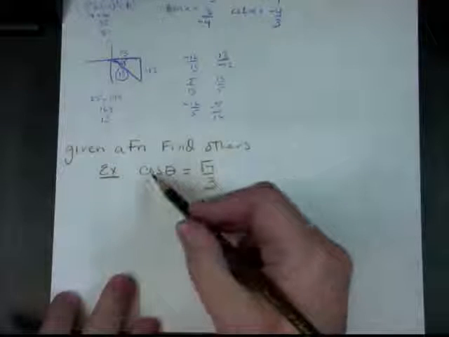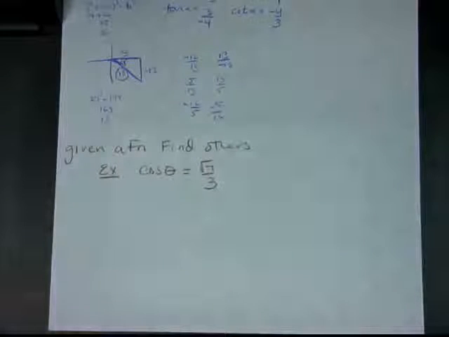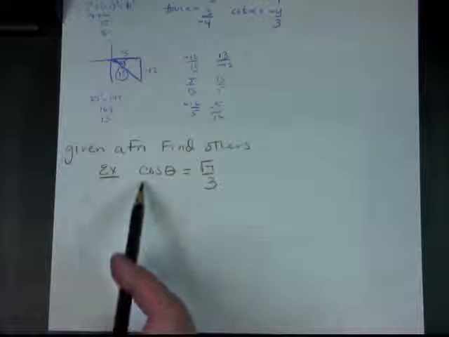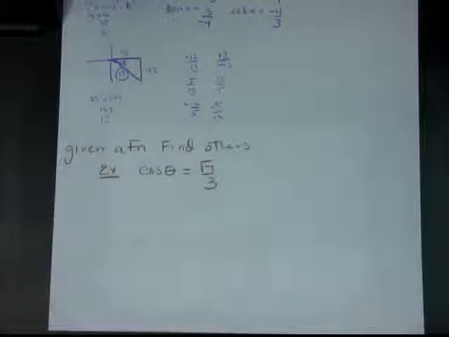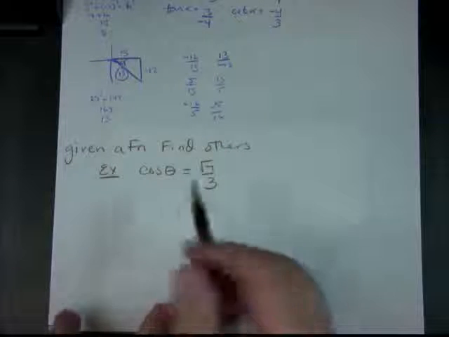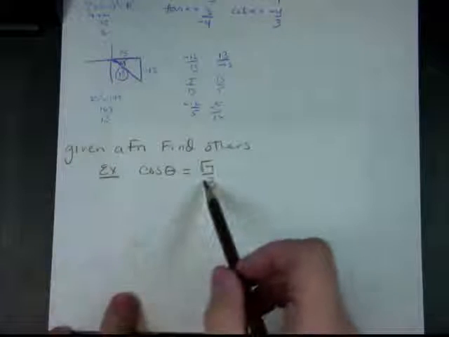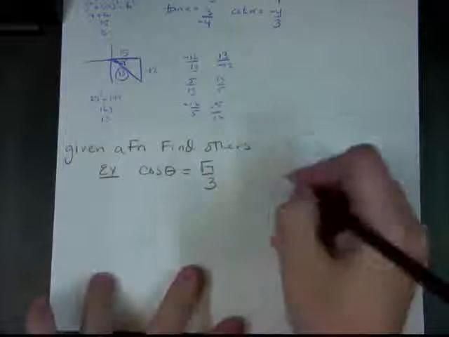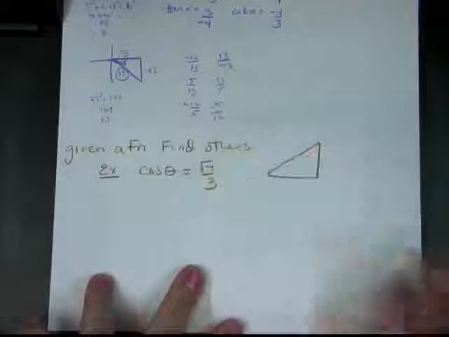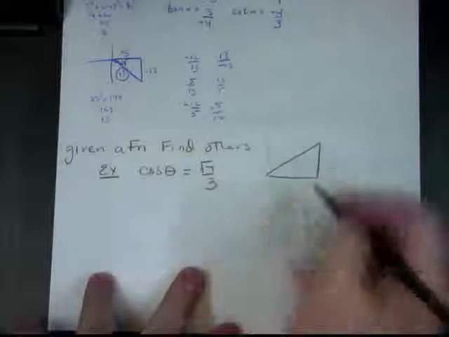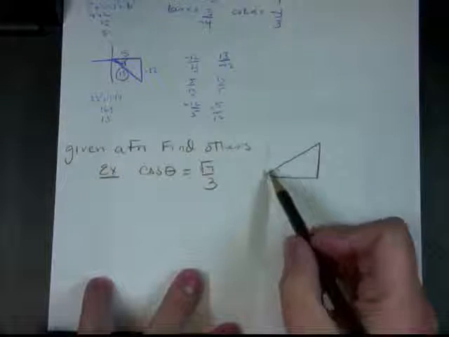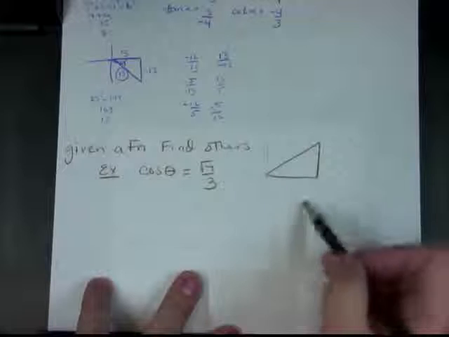I'm going to assume it's positive, or in quadrant 1, unless it tells me otherwise. If this says quadrant 4, then I would make my adjustments that way. But if it's positive, I'm going to assume it's quadrant 1. So I'm going to make my quadrant 1 triangle. I don't need to put an axis on it.